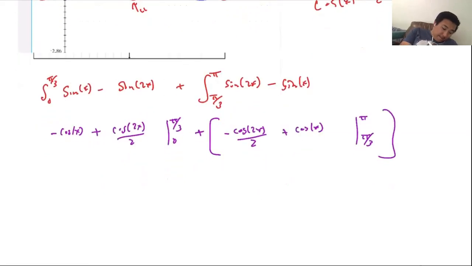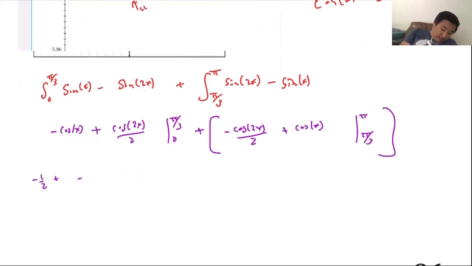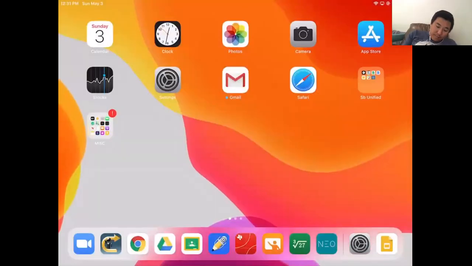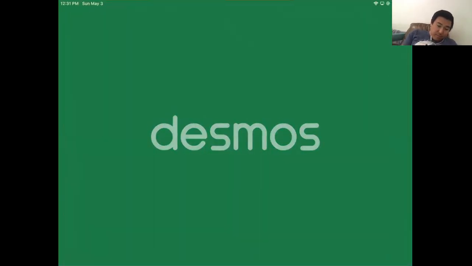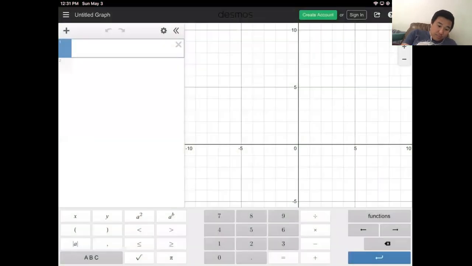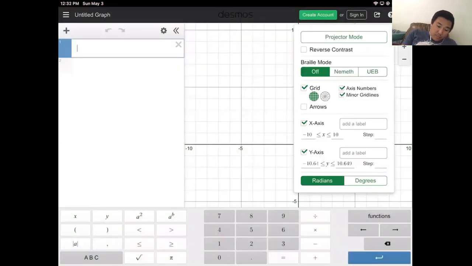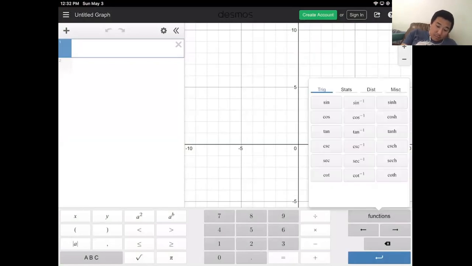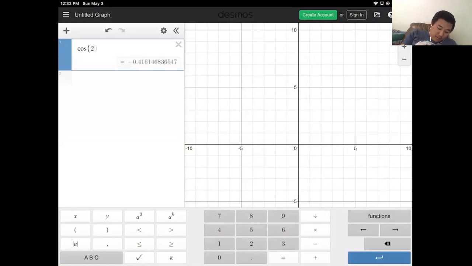Plug in pi over 3, get negative 1/2 plus, that turns into 2 pi over 3. Cosine of 2 pi over 3 is negative 1/2, over 2.